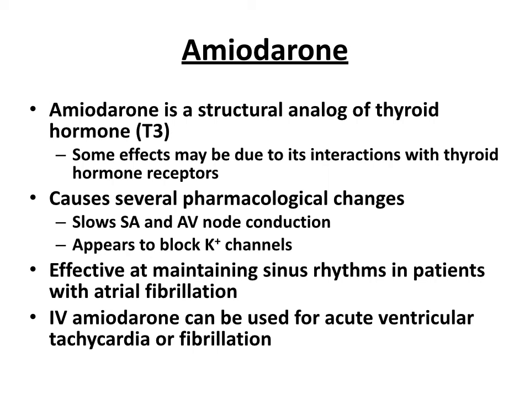I'm not going to test on this, but it's an analog of T3, the active thyroid hormone. It might have some effects due to its interaction with thyroid hormone receptors, but we don't want to concern ourselves with that much. What happens with this drug is that you're going to slow the SA and AV node conduction, and you're largely doing this by blocking potassium channels.